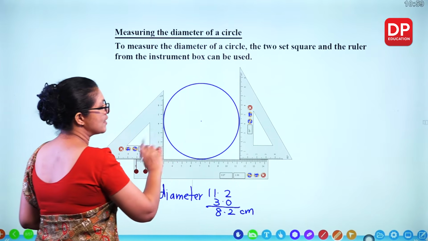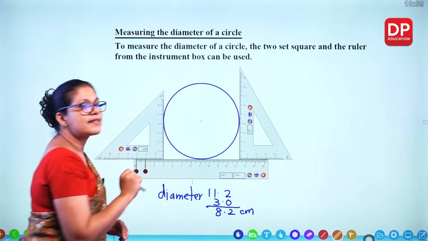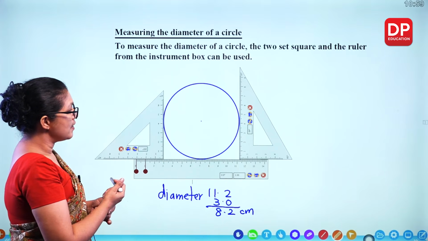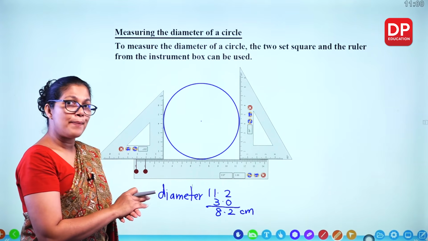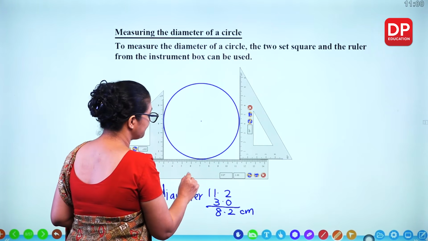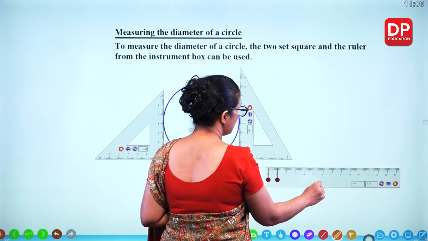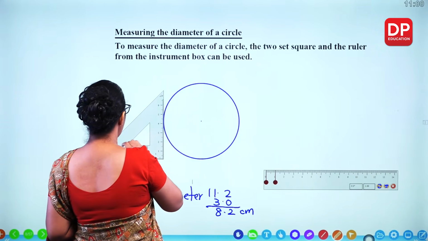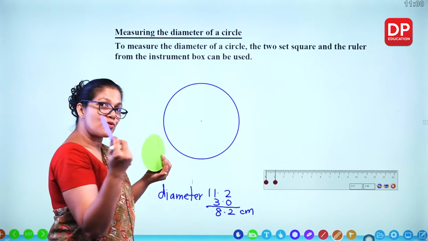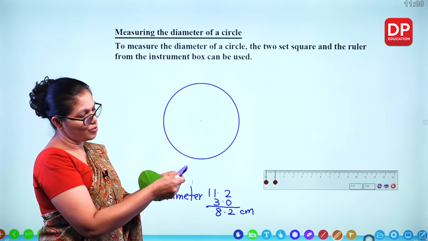So keep the two set squares only touching the circle, and then you can measure this length. What's the other way of measuring? If you have a circle on a paper, you can cut it, take the ruler, and fold it like that. So here I have two circles. You can fold it into two.